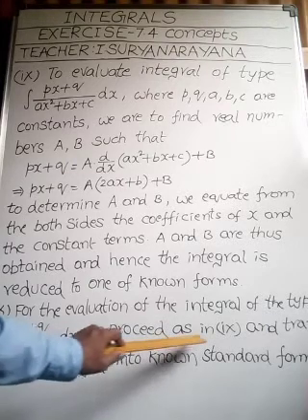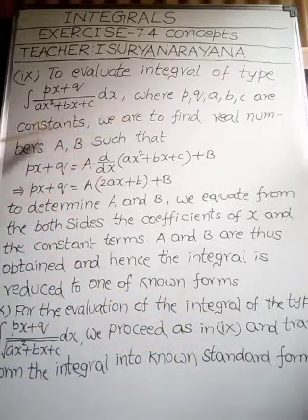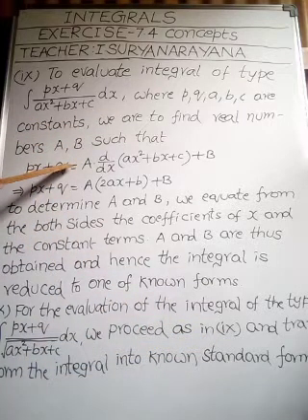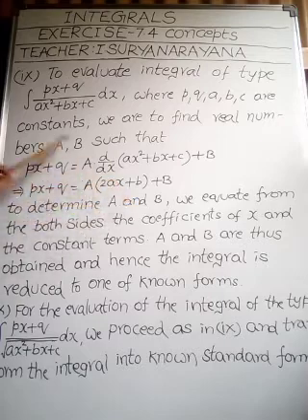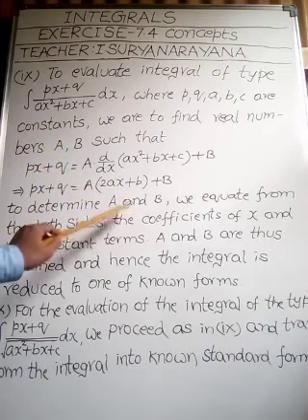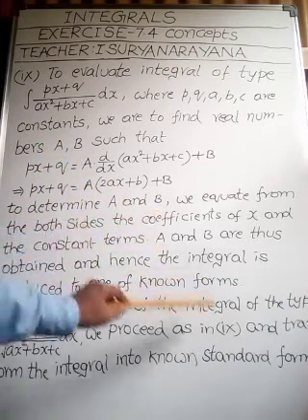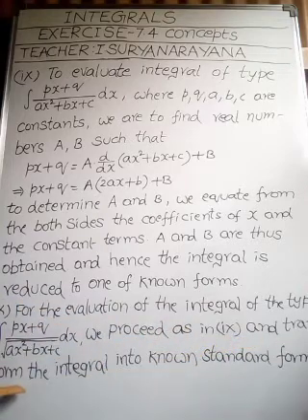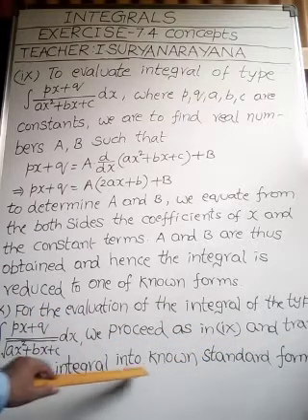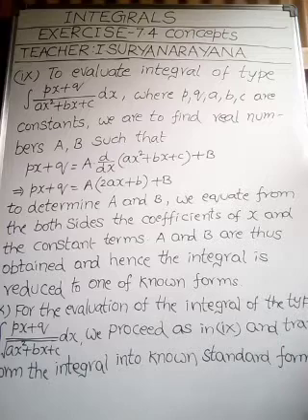Then we proceed as in point number 9. We follow the same steps. We find the values of capital A and capital B, transform the integral into known standard forms, and then evaluate the integration.